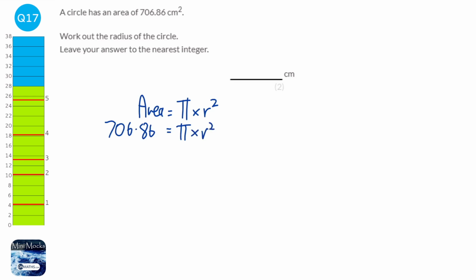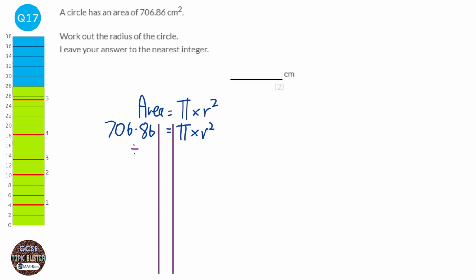So I'm going to get my lines in, and I'm going to start by getting rid of that times pi. So I'm going to divide both sides by pi and get the r squared on its own. So when I divide that by pi, I get 225.000 blah blah blah. Very close to 225.